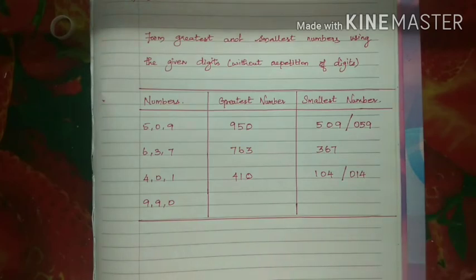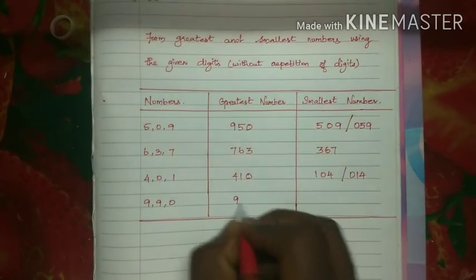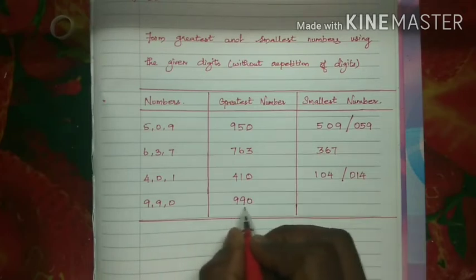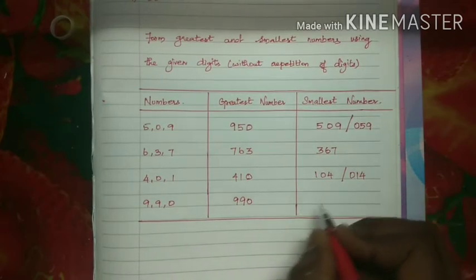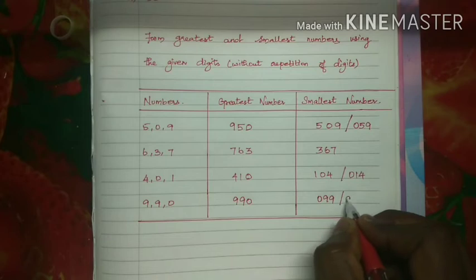Have you understood? Yes. Now last one, 990. Which is the largest number? 9, 9, then 0. So 990 is the greatest number. The smallest number is 099, or 909, not 099.